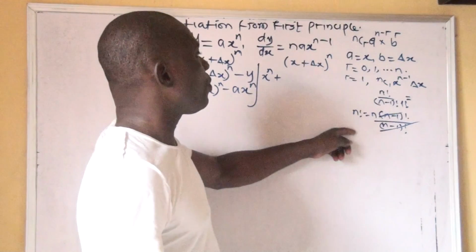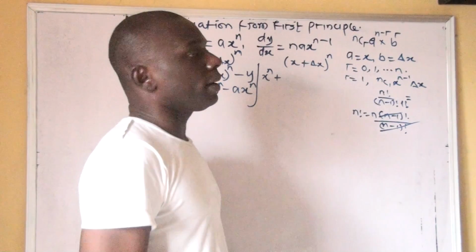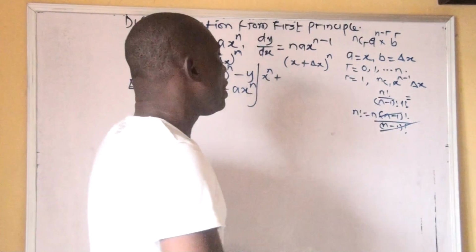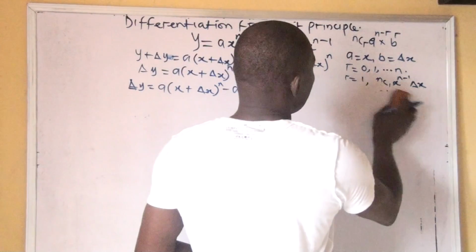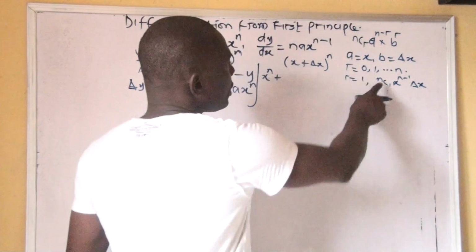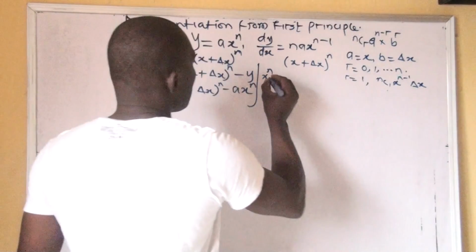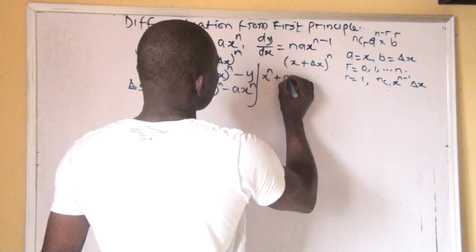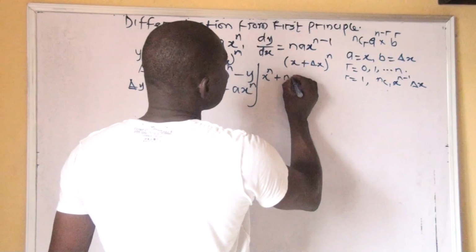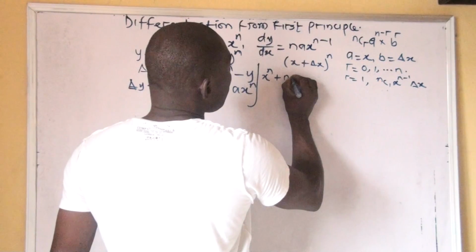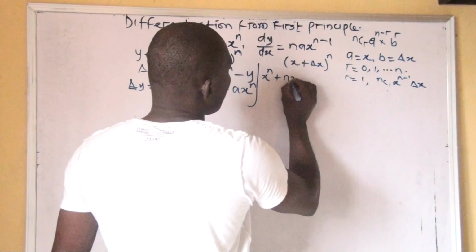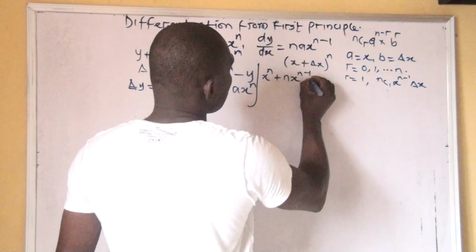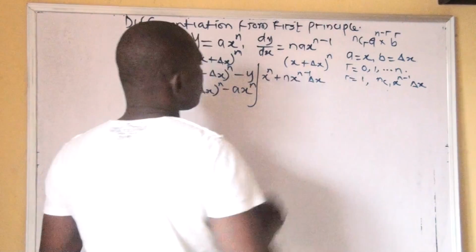So for n combination 1, the coefficient is n. So here we have a n x raised to power n minus 1 delta x.